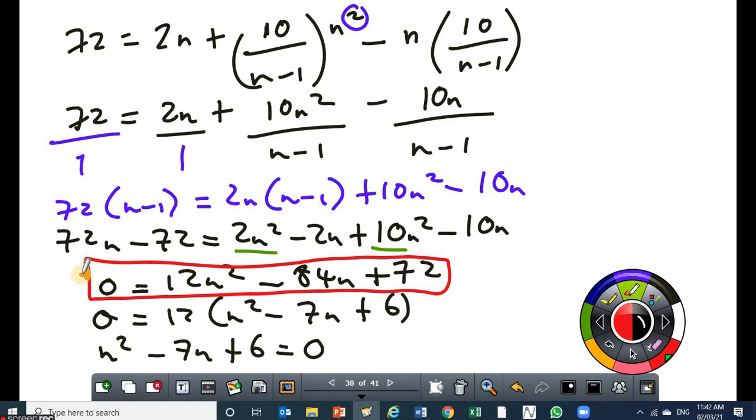Because that equation can easily be factorized, and you can get the 12, you divide both sides by 12. This 12 here. If you divide both sides by 12, you'll be left with n squared minus 7n plus 6. And if you divide this 0 by 12, you'll be left with a 0.